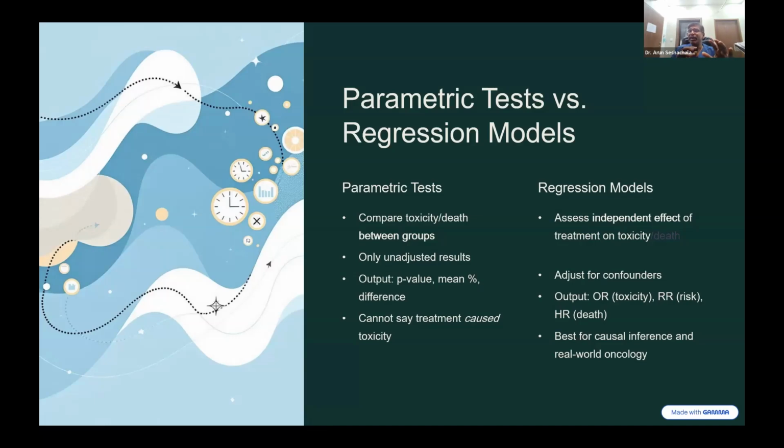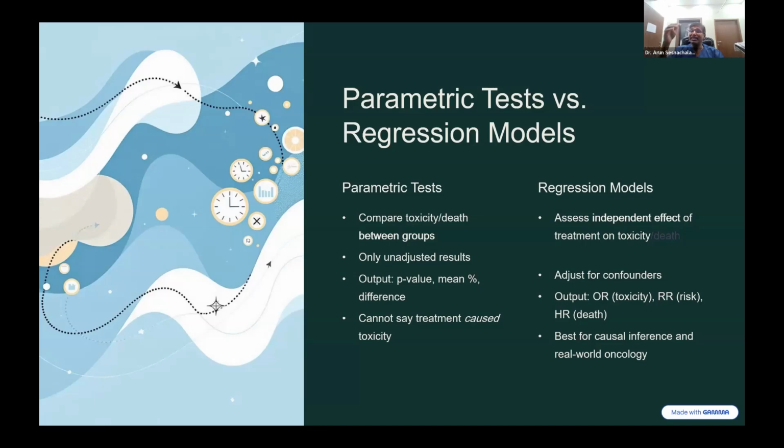So for the regression model, there are two models: the linear regression model and the logistic regression model. When the outcome is categorical, relapse or not relapse, death or not death, progressed or not progressed, which is how most of us will do our studies, you use logistic regression to measure the effect size.